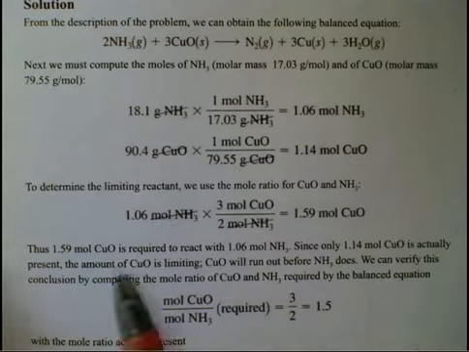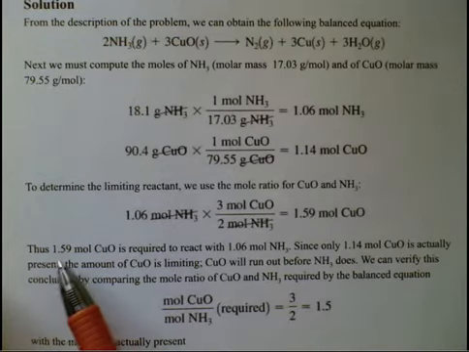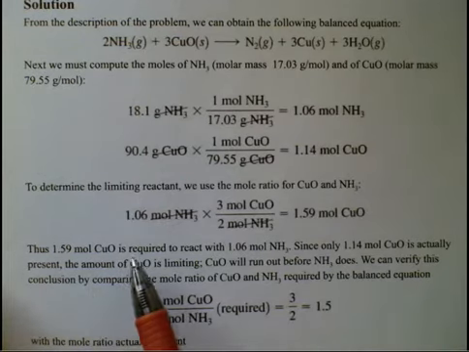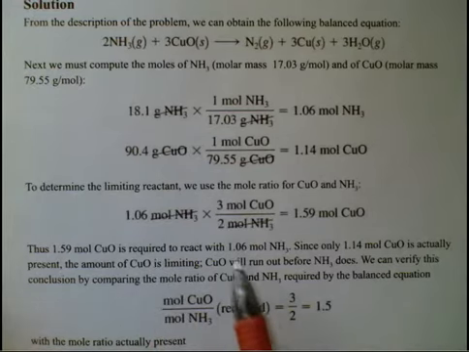Therefore, what we can claim right now is that 1.59 moles of copper(II) oxide is required to react with 1.06 moles of ammonia.